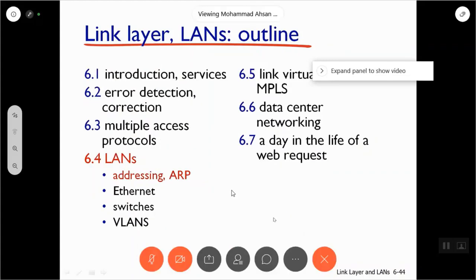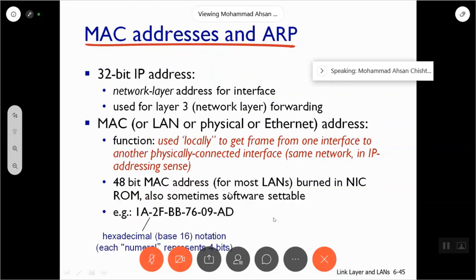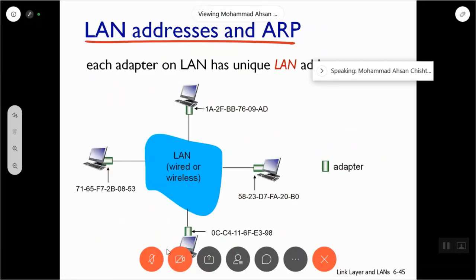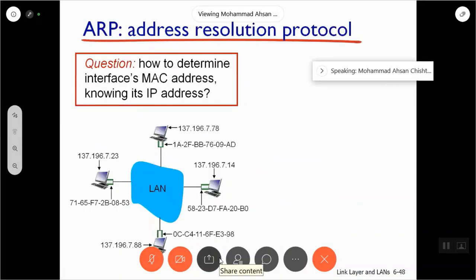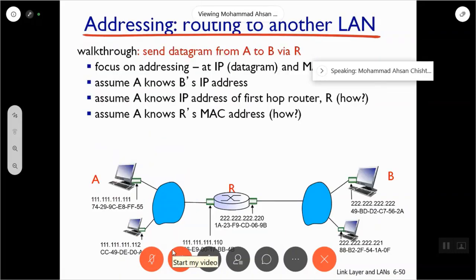In our next class, we will be taking the MAC address and resolution protocols. Both are important. We'll be discussing the frame structure as well. And also, an important topic is routing in the data link layer, how we send the data across. And hopefully in our next class, we'll finish the data link layer.